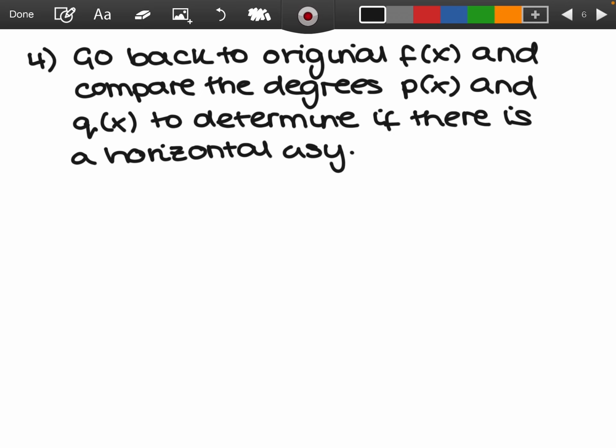Then you're going to draw any of those horizontal asymptotes in with a dotted line again.